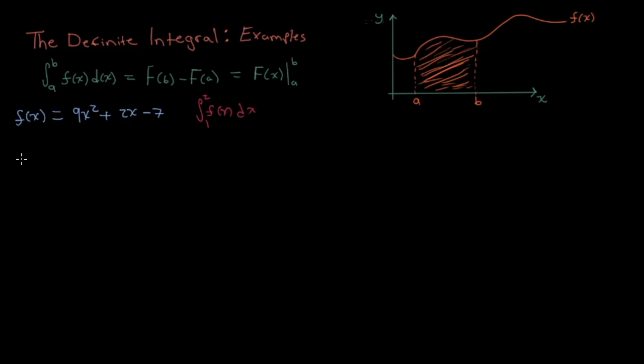So the integral from 1 to 2 of 9x squared plus 2x minus 7 is equal to the integral from 1 to 2 of 9x squared dx, plus the integral of 2x dx, minus the integral of 7 dx.